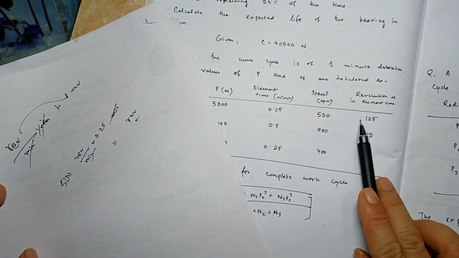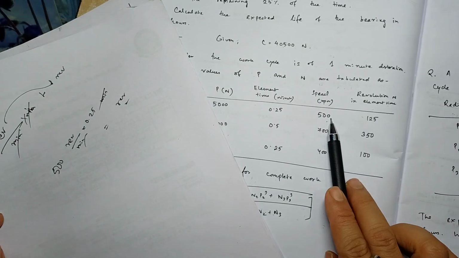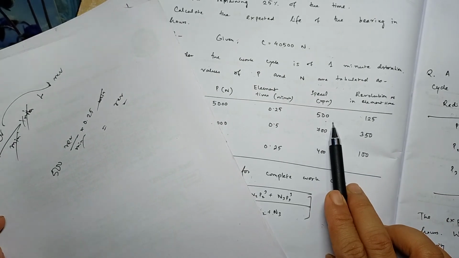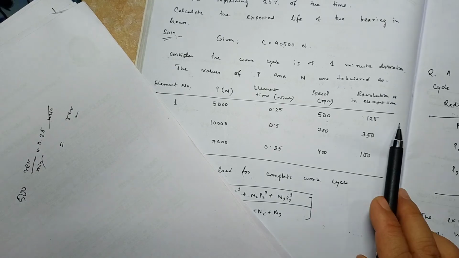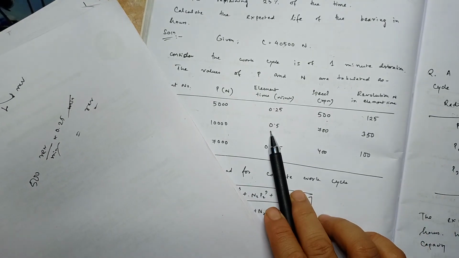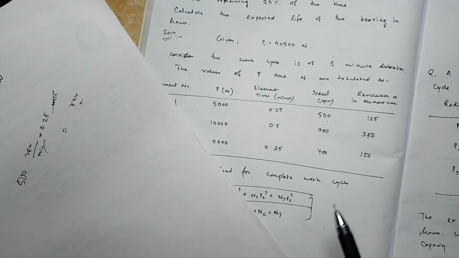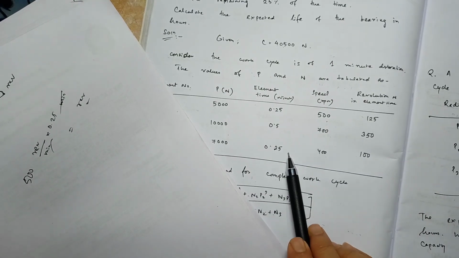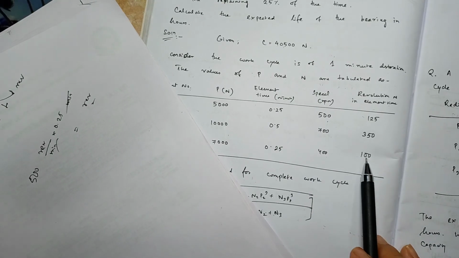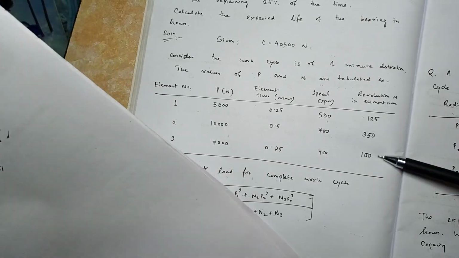So 125 revolutions are there for 15 seconds. For the next one, 0.5 multiplied by 700 is 350 revolutions for 30 seconds, and this is again 0.25 multiplied by 400, which is 100 revolutions for 15 seconds. So the total revolution is the addition of all these.